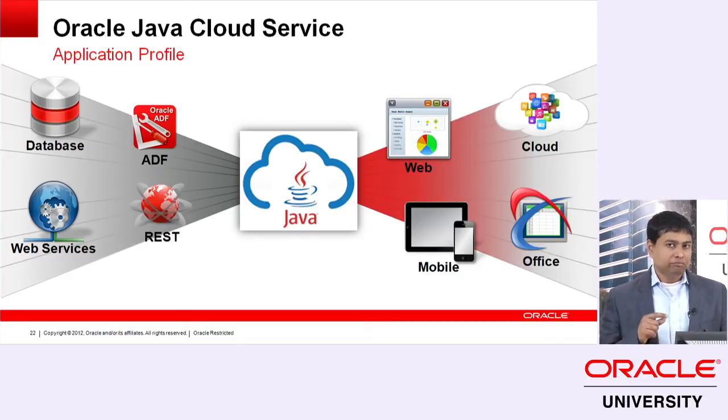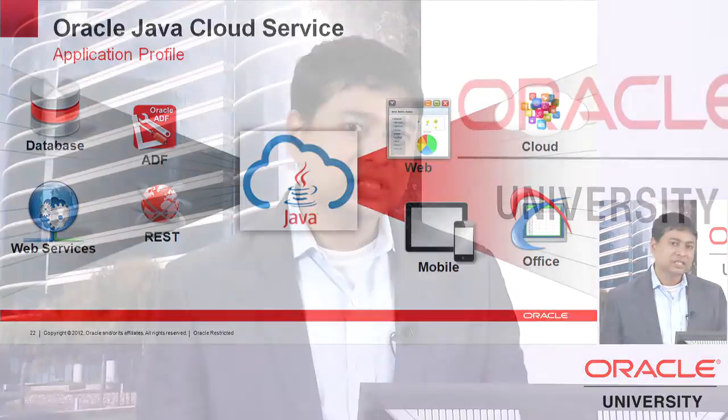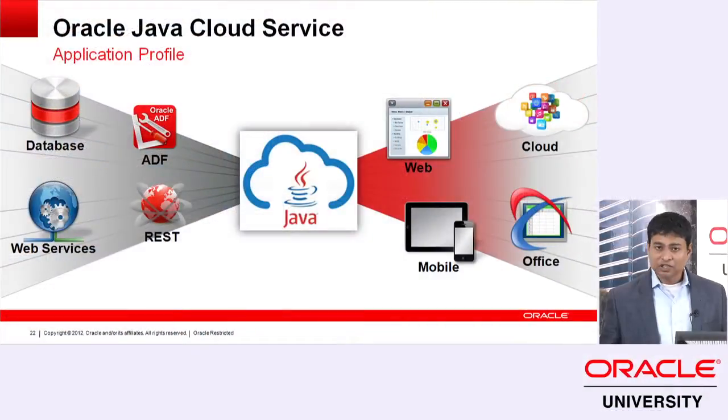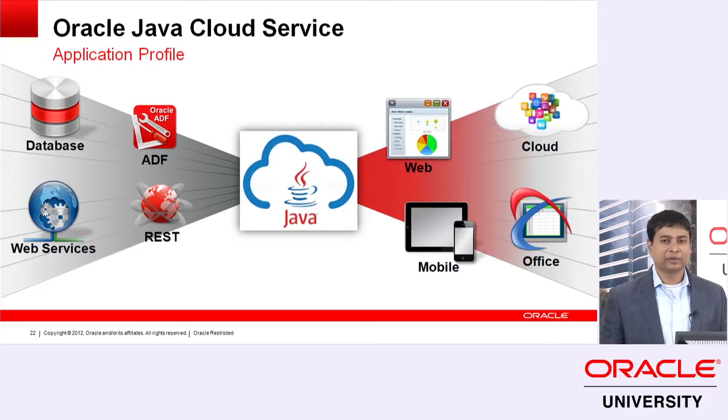So you can build your standard web applications, you can build your standard web services, you can build your standard REST services, your database applications with persistence technologies like JPA, as well as, because it's running WebLogic and because it's an Oracle stack, we also support ADF, Oracle's Application Development Framework, out of the box.